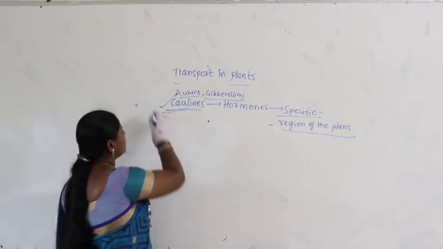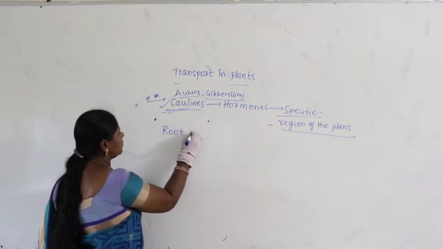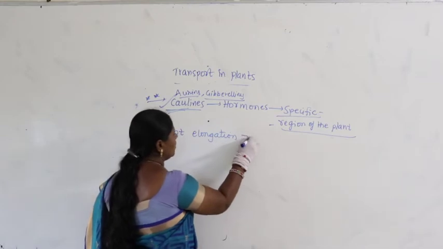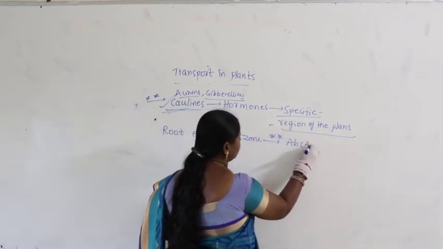Now, apart from this, this is one thing which we have to remember. Now, the root elongation zone is the zone which is involved in absorption of salts.